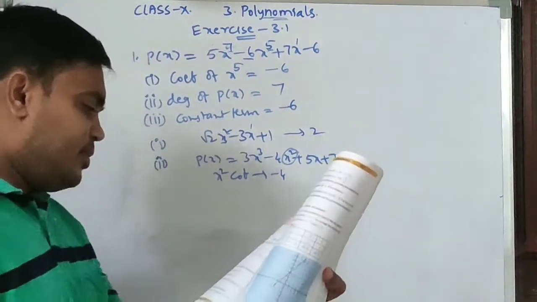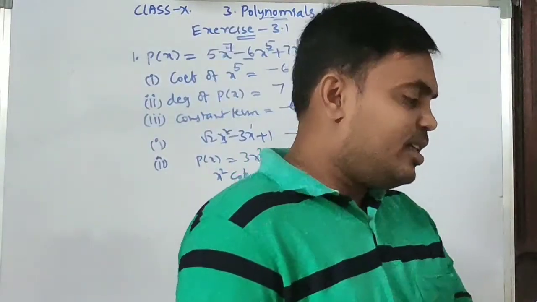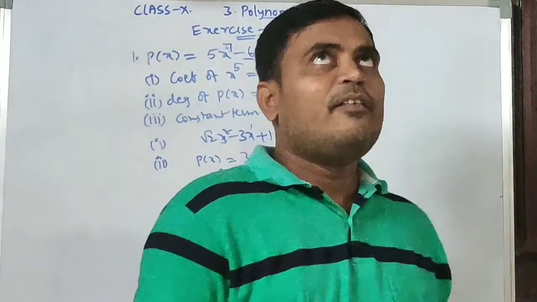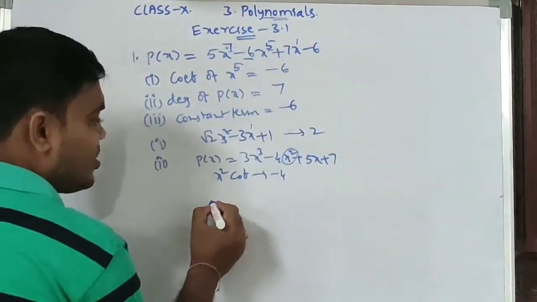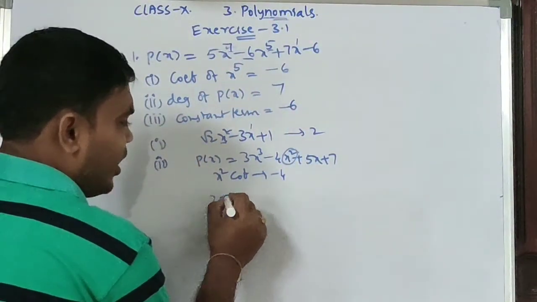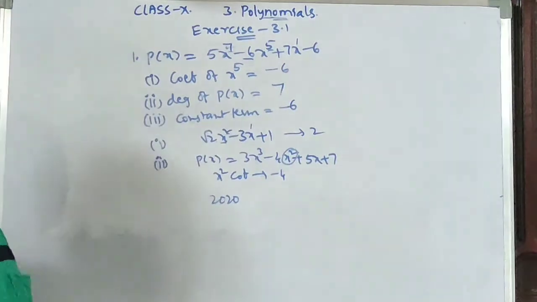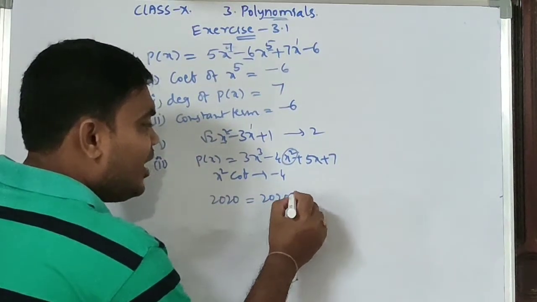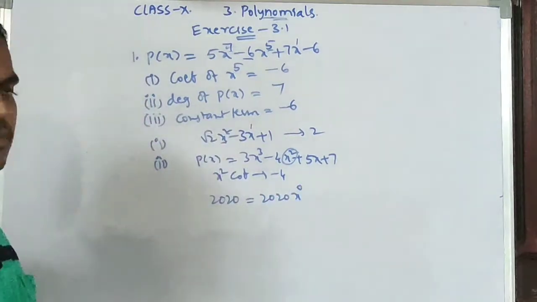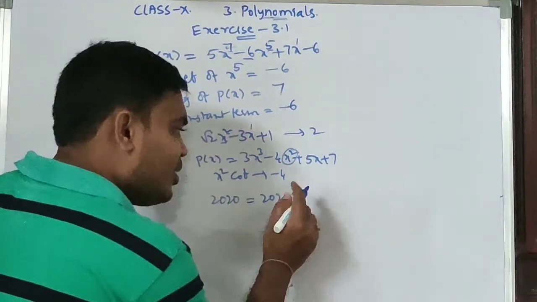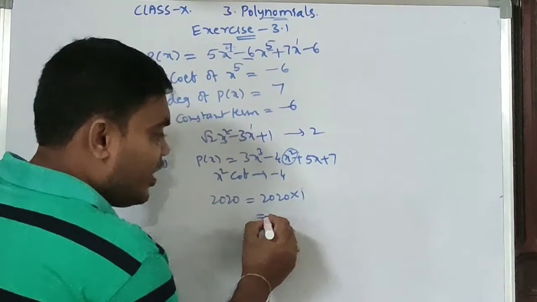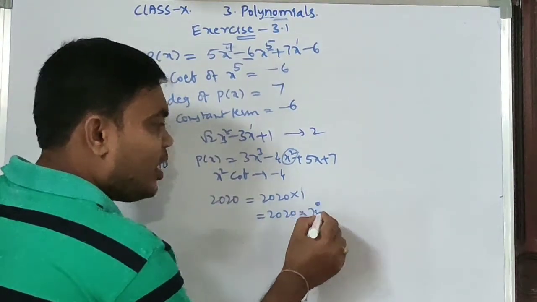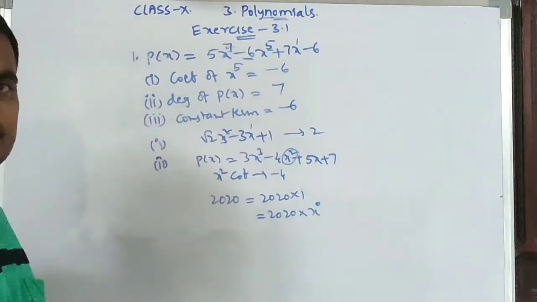Next, third one. The degree of a constant term is 0. We already discussed this. For example, I am taking a constant, 2020. This is a constant. I am writing 2020 as 2020 into x power 0, because anything power 0 is equal to 1.